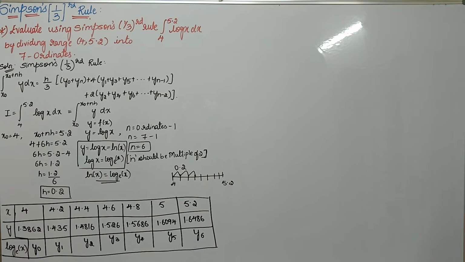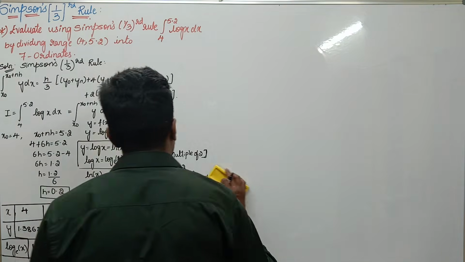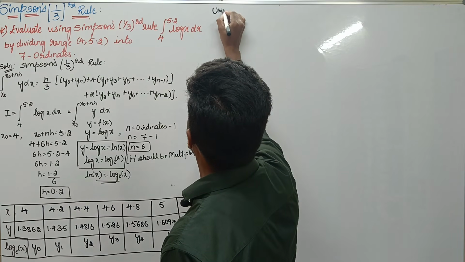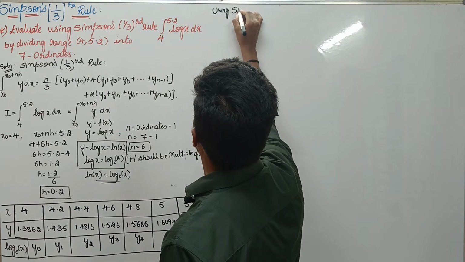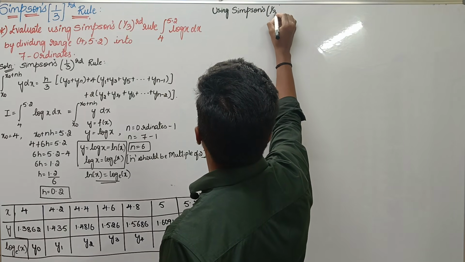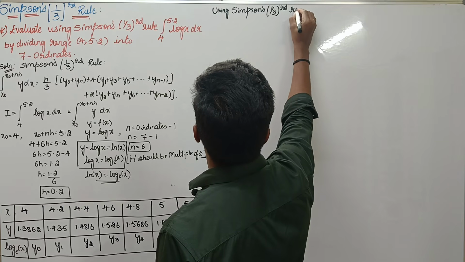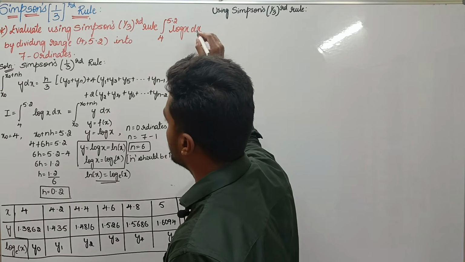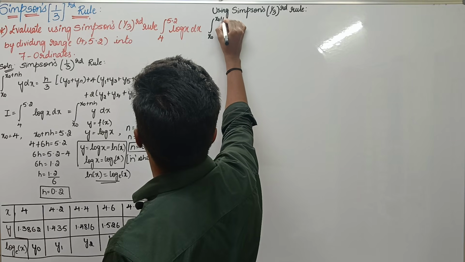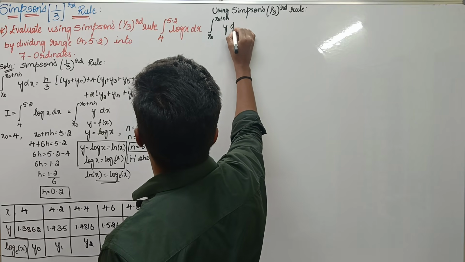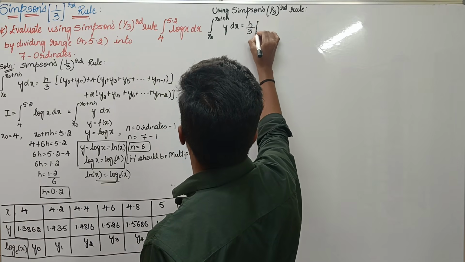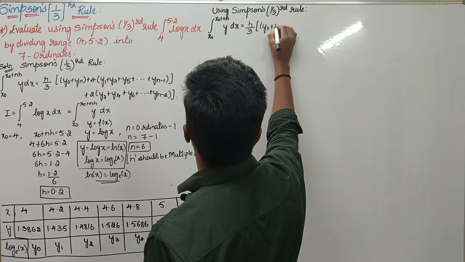Then, after this, let us represent the formula, using Simpson's 1 by 3rd rule. I have integral from x naught to x naught plus n into h of y dx, which is equal to h divided by 3 into y naught plus yn.